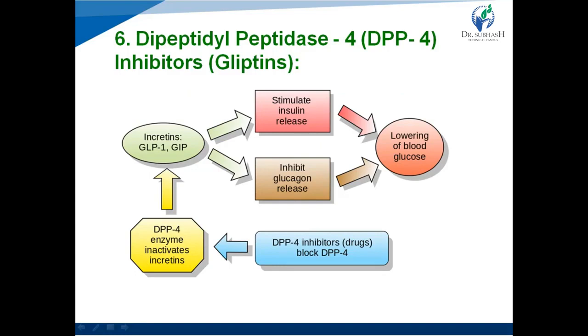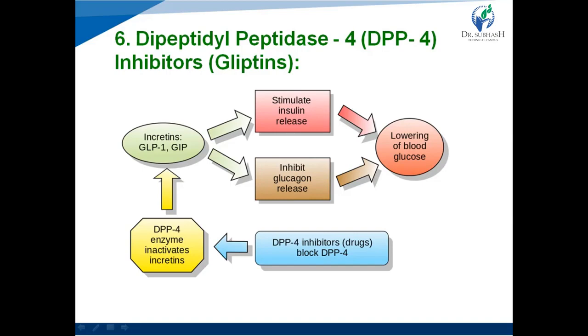Sixth class is DPP4 inhibitors, meaning dipeptidyl peptidase 4 inhibitors. They are also known as gliptins. DPP4, dipeptidyl peptidase 4, is the enzyme which inactivates incretins. Incretins are a group of metabolic hormones which includes GLP-1, GIP, etc. GLP-1 means glucagon-like peptide 1, GIP means gastric inhibitory peptide.